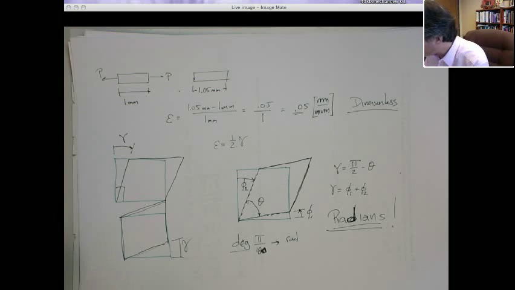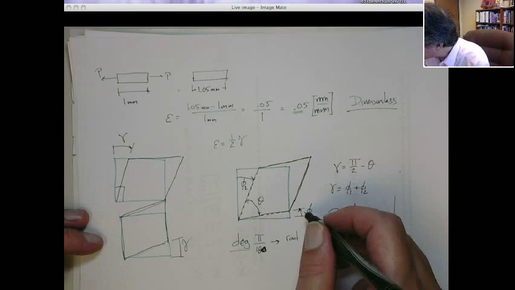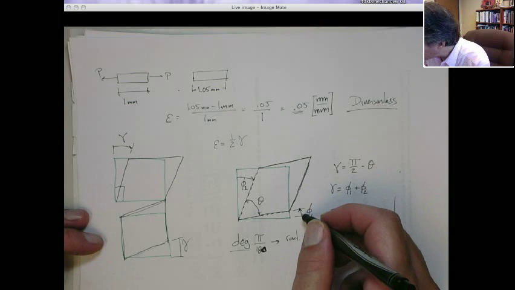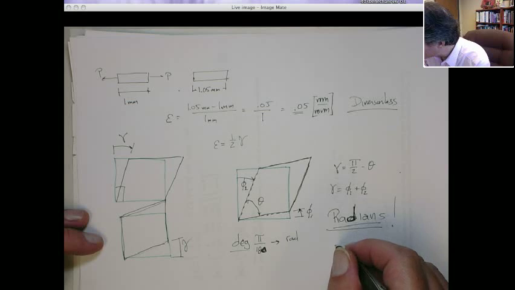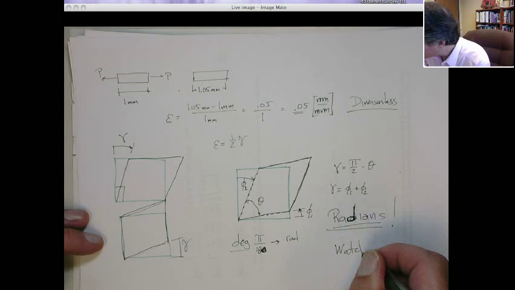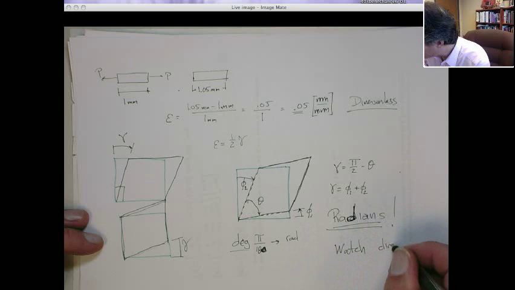All right, and the other thing to note is that when you look at this general deformation, the sign of this angle, the sense matters. So watch the direction of these angles phi.